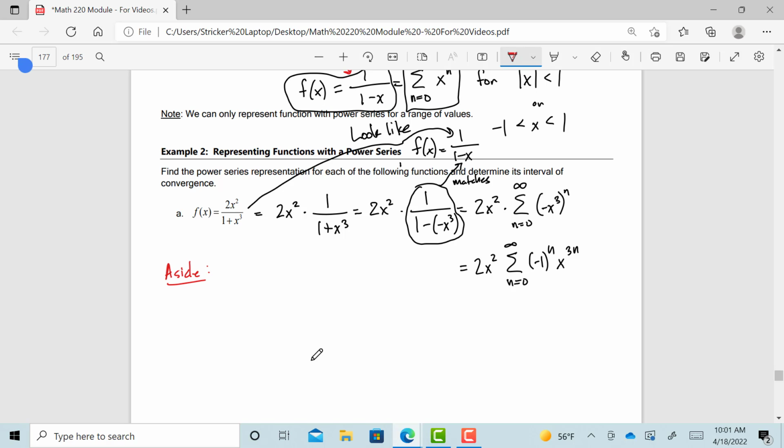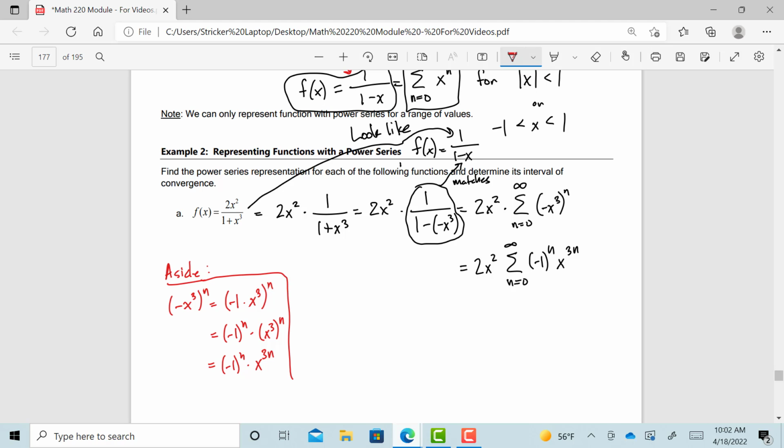So we have, again, negative x cubed to the n. This is the same as -1 times x cubed, to the n, which is the same as -1 to the n times x cubed to the n, which is the same as -1 to the n times x to the 3n.